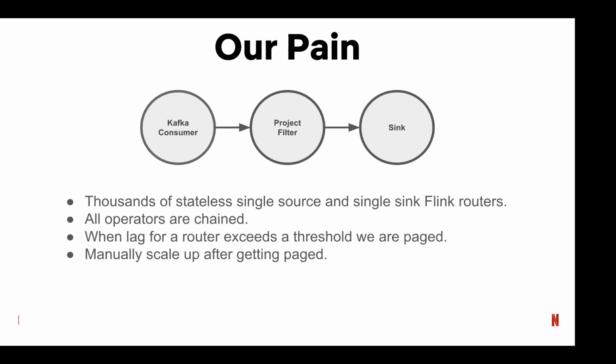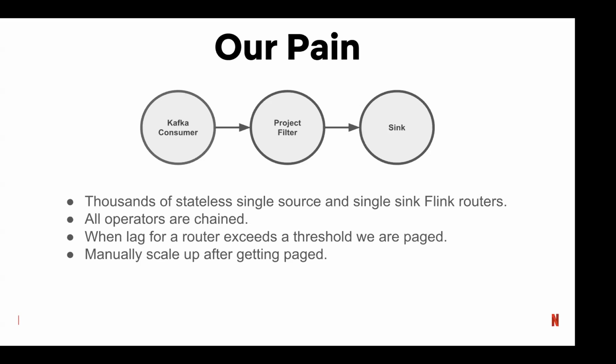So originally, we were manually scaling these routers as they were running in production to handle changes in incoming traffic. So we had alerts set up for all the routers, and if a lag threshold was exceeded for a router, we would get a page and we'd have to go in and manually scale up the cluster.